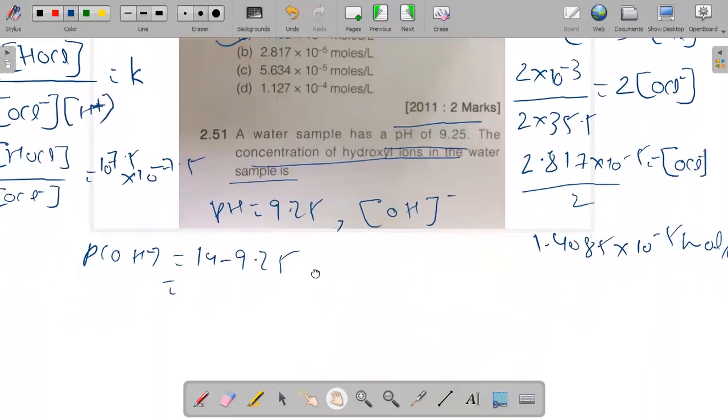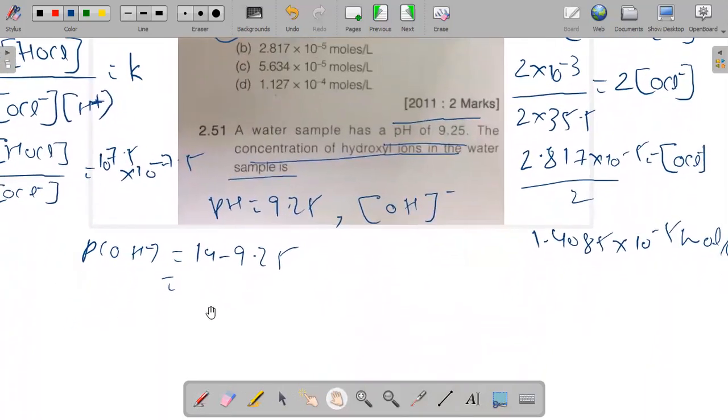14 minus 9.25, you will get approx 4.75.